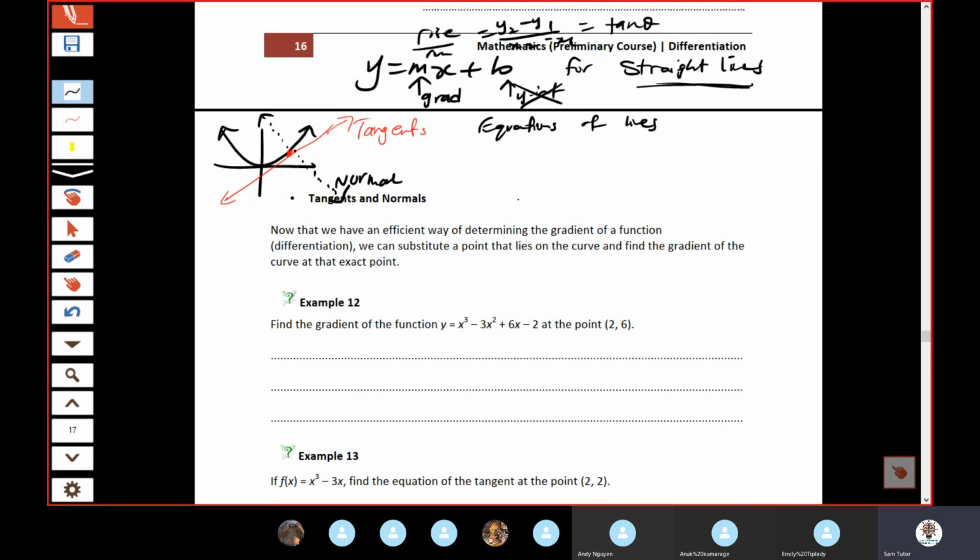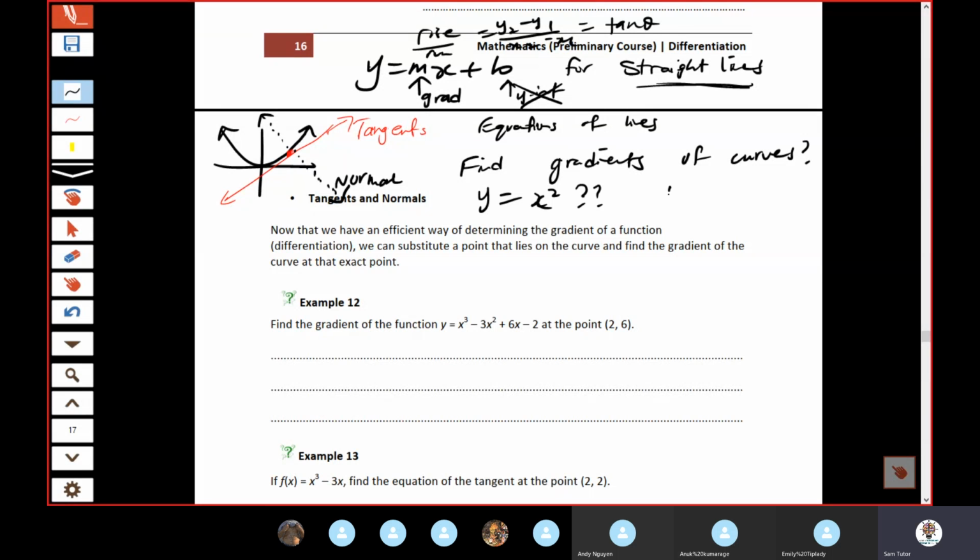Now what we want to do is find gradients of curves. And that is confusing. So imagine we had this curve, like this one here, which is just a parabola. So y equals x squared. And we want to find the gradient of that. Well, how do we do that?